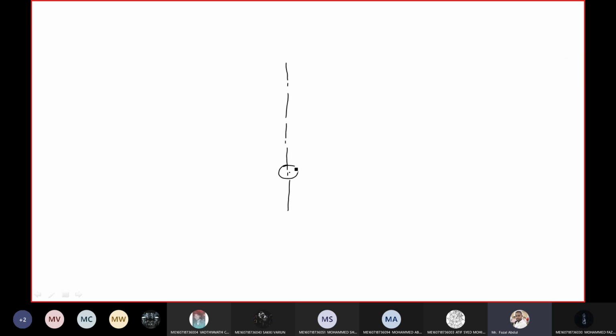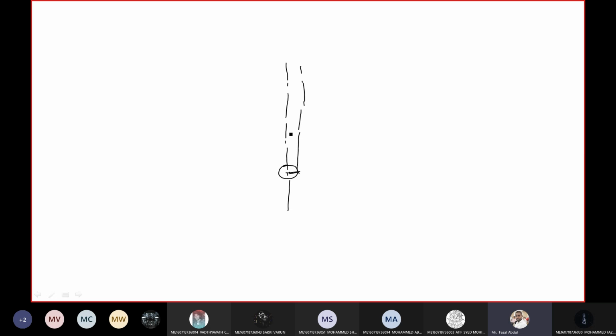So right side means this side you need to take. This is the offset. Take the right side and draw a vertical tangent like this. After drawing the vertical tangent, this is the axis for the follower.